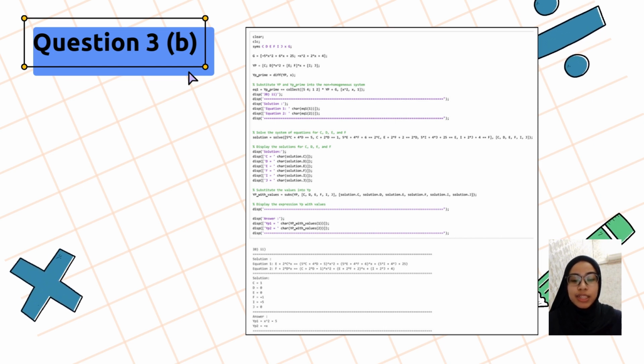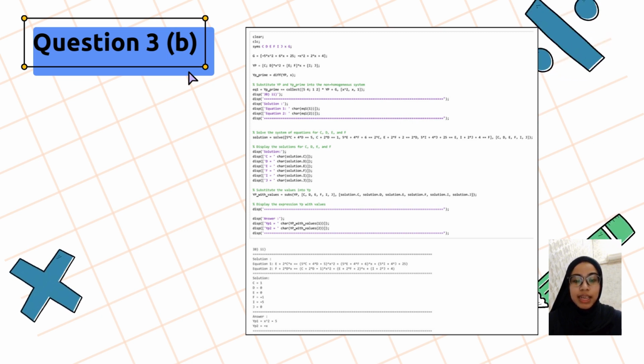And then the non-homogeneous system of equations is set up using the undetermined coefficient method, and the system of equations is displayed. Next, the system of equations is solved for coefficients C, D, E, F, I, J. Then the solution is displayed in the result.